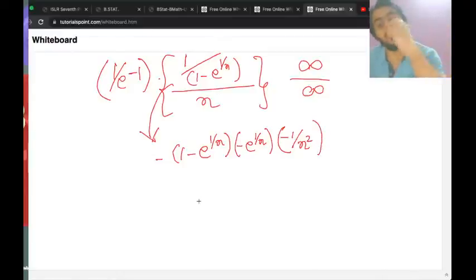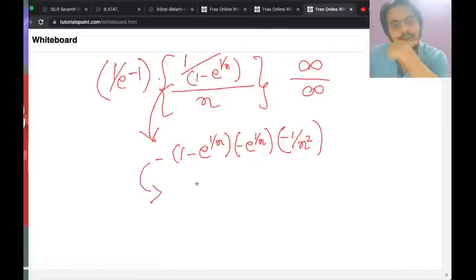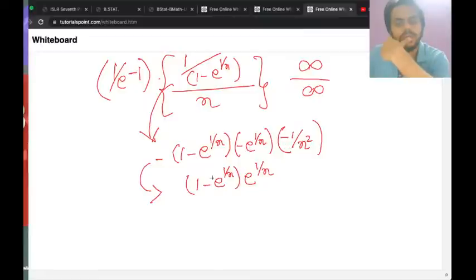Okay, so this means that I will have e to the power 1 by n. There's a negative sign over here as well.